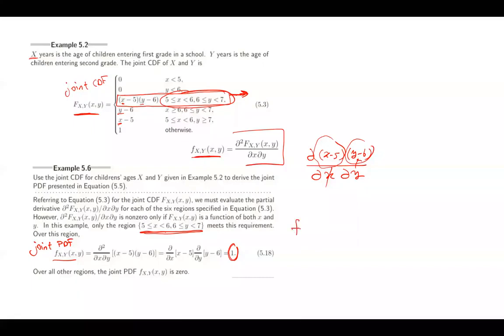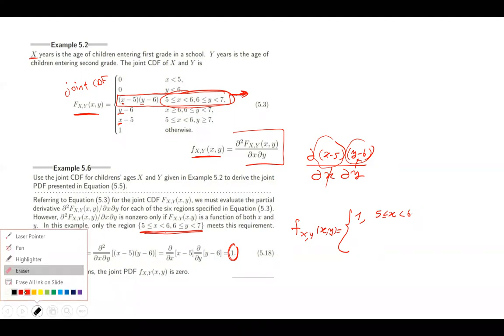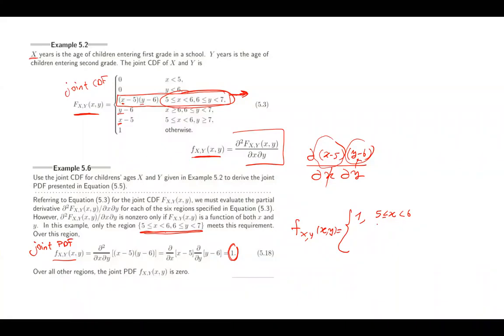And all others are going to be 0. So we simply write fXY(x,y) is 1 when x is from 5 to 6, and y is from 6 to 7. Okay, otherwise it's 0.